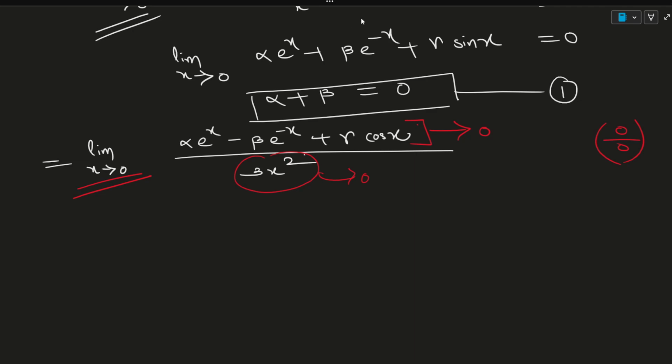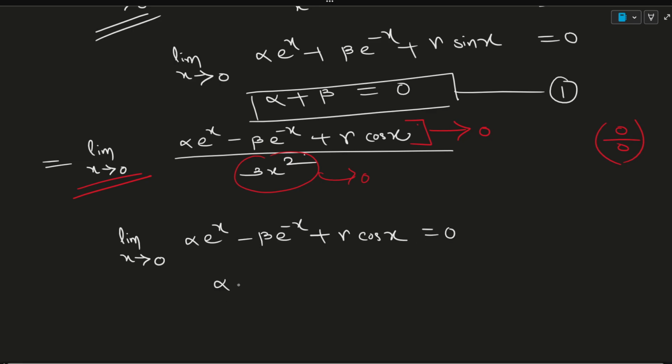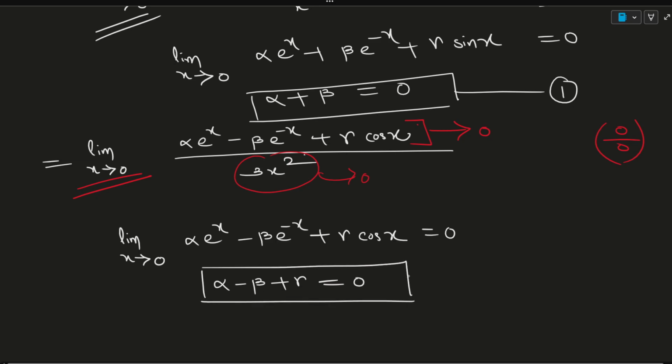So now it is clear that limit x tends to 0, alpha e to the power x minus beta e to the power minus x plus gamma cos x is equal to 0. Then alpha minus beta plus gamma is equal to 0. So here we got another relation between alpha, beta and gamma.